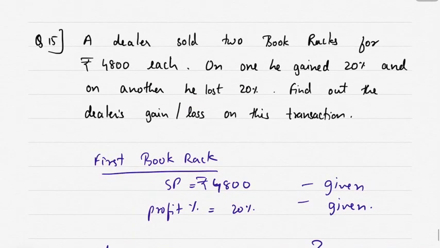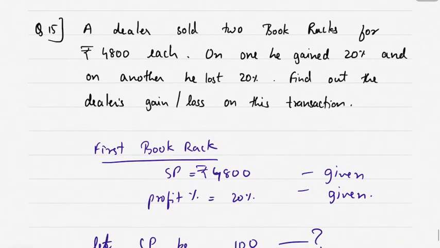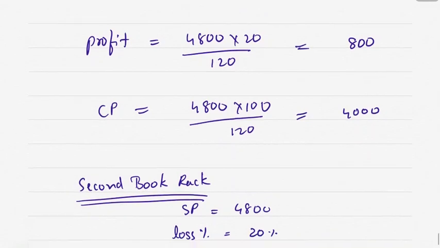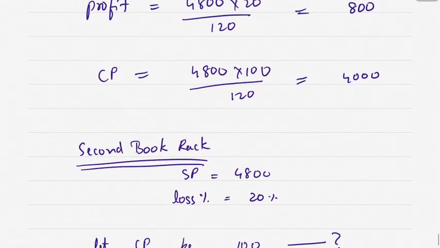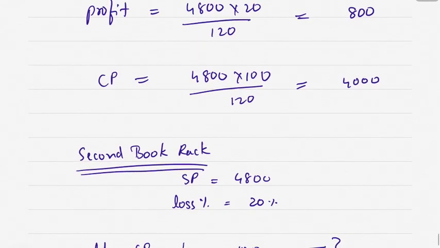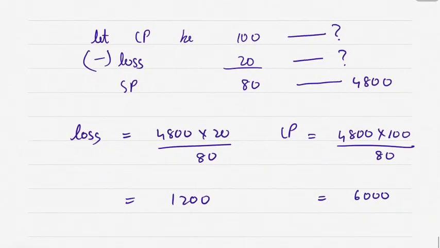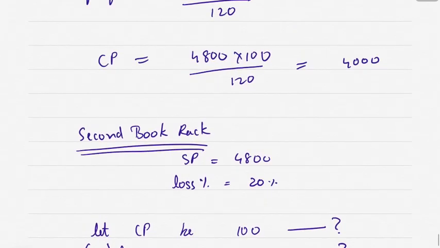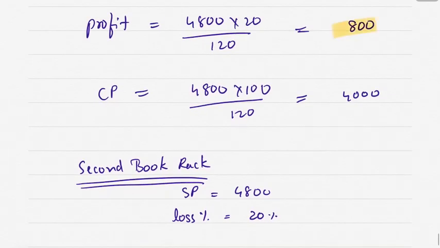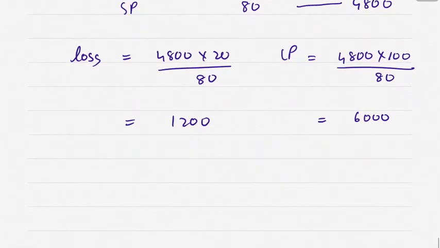Now what is the question? Find out the dealer's gain or loss on his transaction. So total gain or total loss. On first one he is making profit of 800. On second one he is making loss of 1,200. That means there is a loss. Right? On first book rack he is making profit of 800.